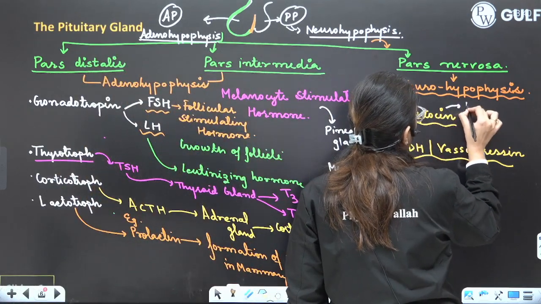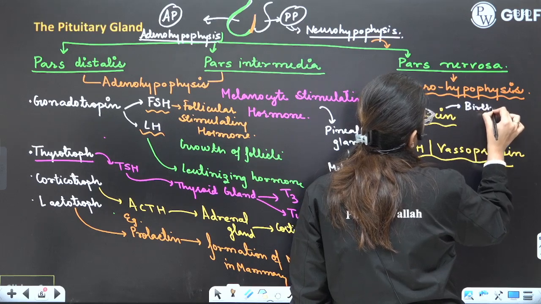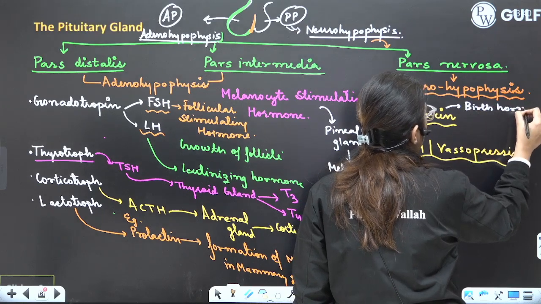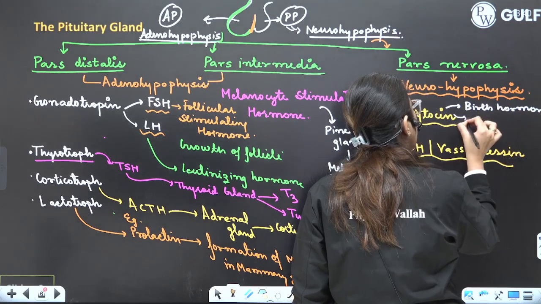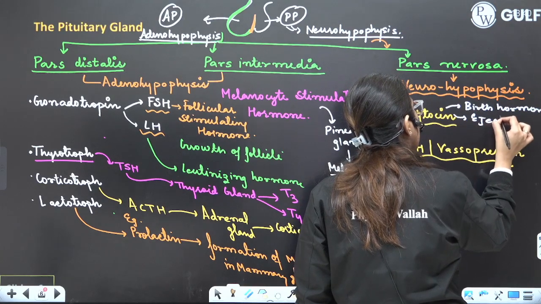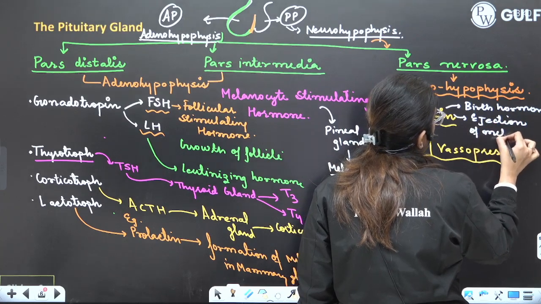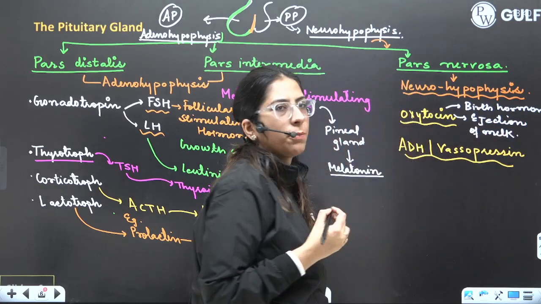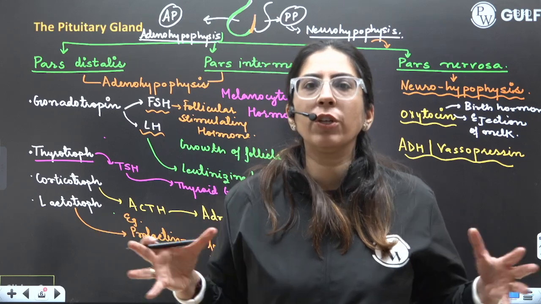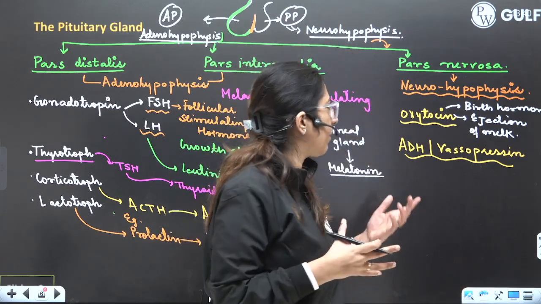Oxytocin is a birth hormone, which helps in the birth and the ejection of milk from the mammary gland. It helps in the contraction of the uterus so that easy birth of the baby can happen.